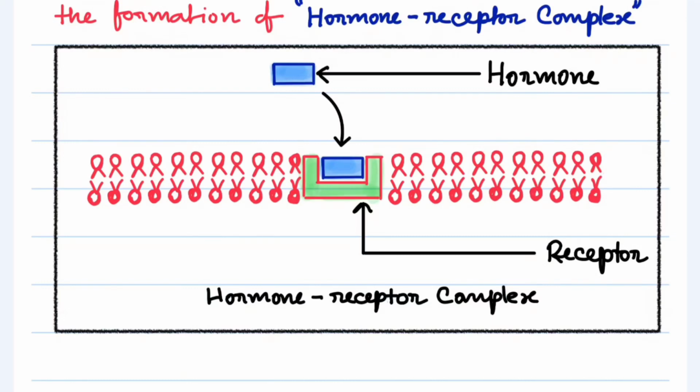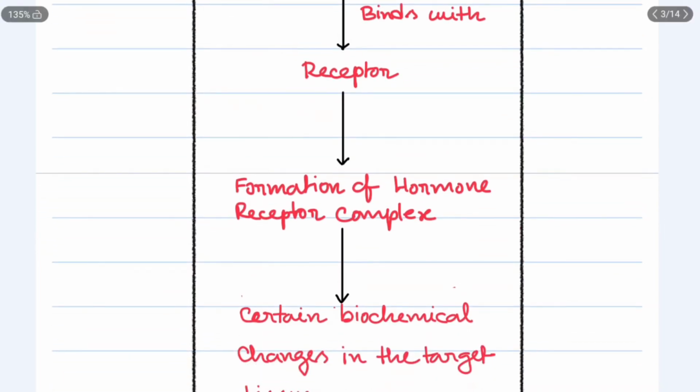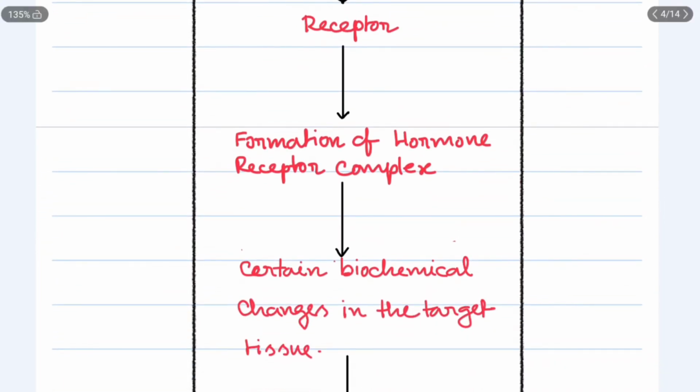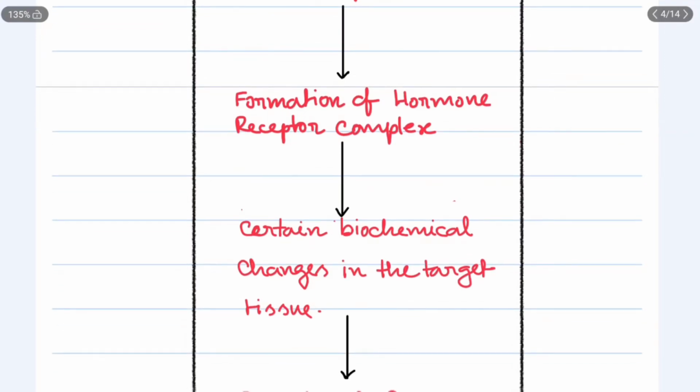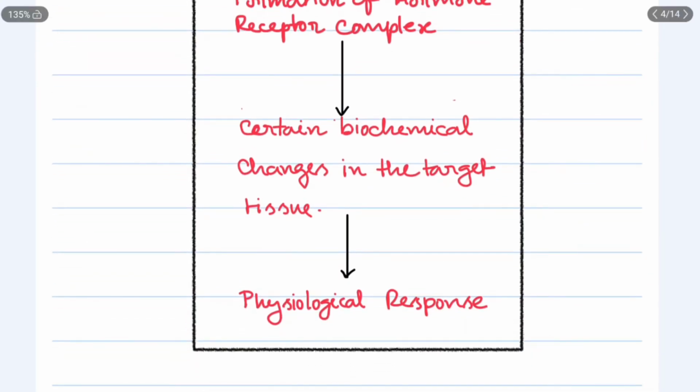So the green and blue together are called the hormone receptor complex. Now if we take an overview of the mechanism of hormone action, it will be like this. At first the hormone will bind with the receptor and form the hormone receptor complex, which will cause certain biochemical changes in the target tissue, and it will cause the physiological response.